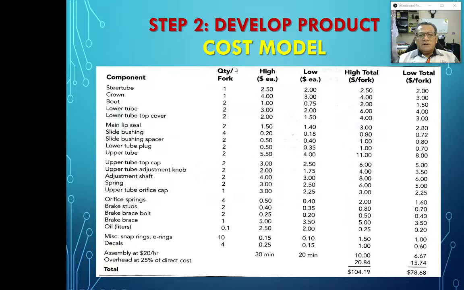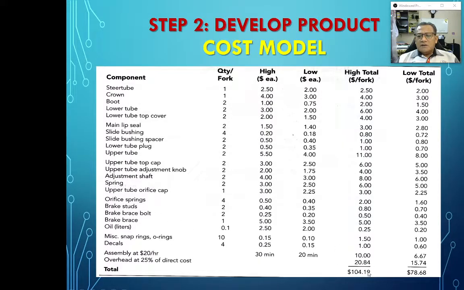So for the quantity to produce this fork, the higher cost is $2.50. It is at a higher spec. For your lower spec, it is $2 per steer tube fork, quantity of 1. So your cost is $2.50 for the upper spec, and your cost for the lower spec is $2 per fork. So you summarize all the costs to make this fork, right?